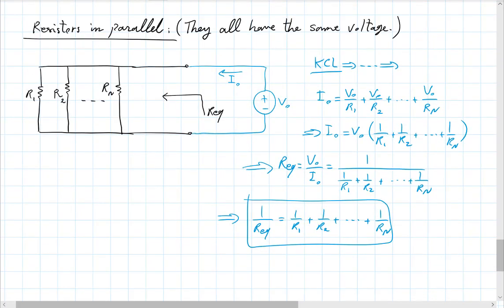They all have the same voltage. You see, on each of these branches, there is only that resistor. So there is nothing else to take that voltage or part of it.